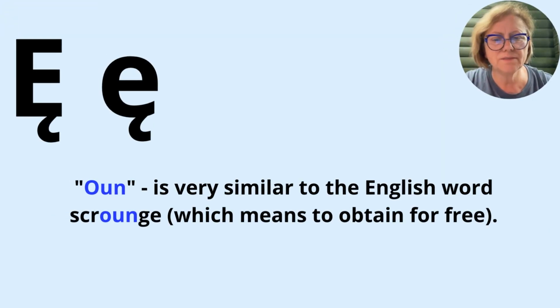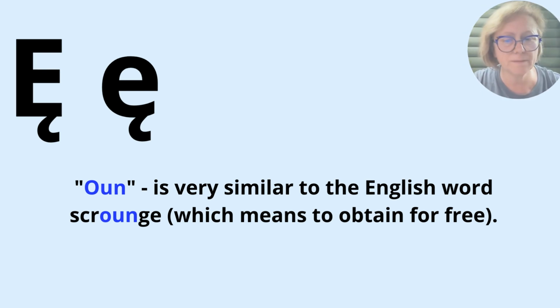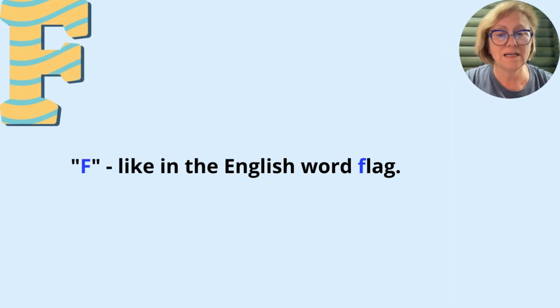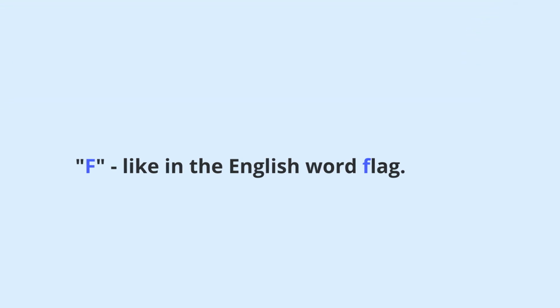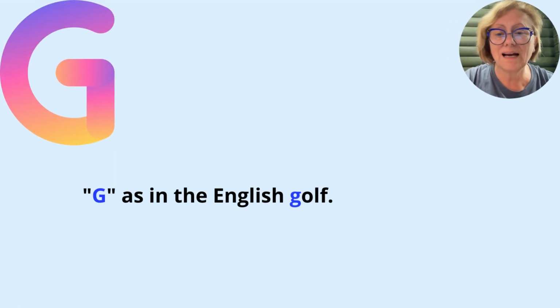Ow is very similar to the English word scrounge, which means to obtain for free. F, like in the English word flag. F, flag. G, as in the English golf. G, golf.